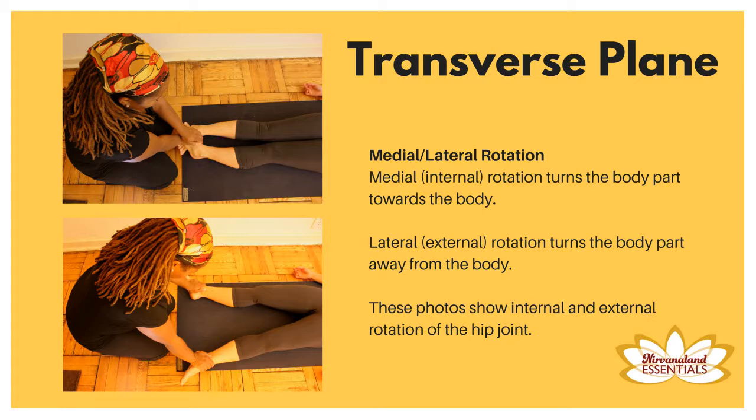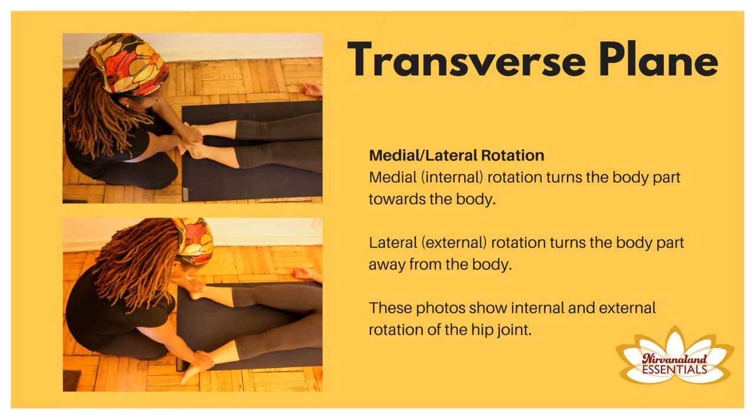Medial and lateral rotation are sometimes referred to as internal and external rotation. Medial rotation, or internal rotation, turns the body part inward. Lateral or external rotation turns the body part outward, so away from the body.